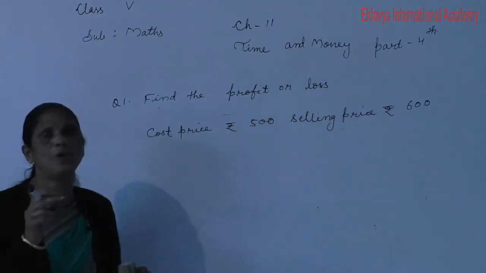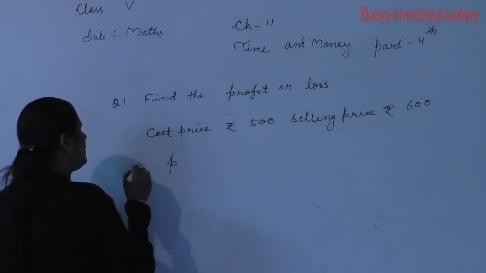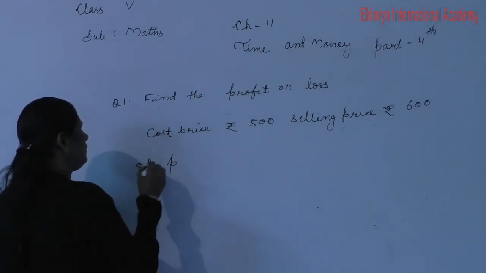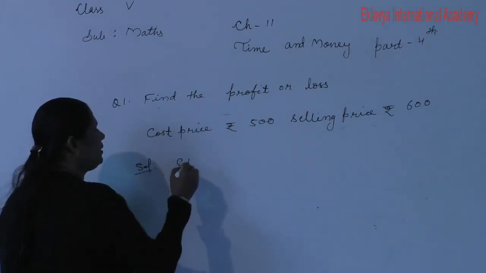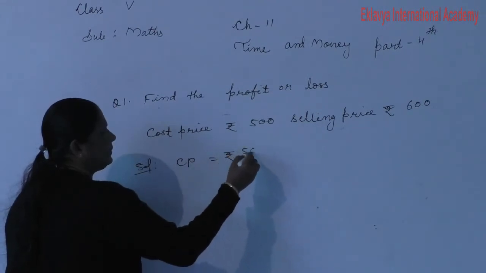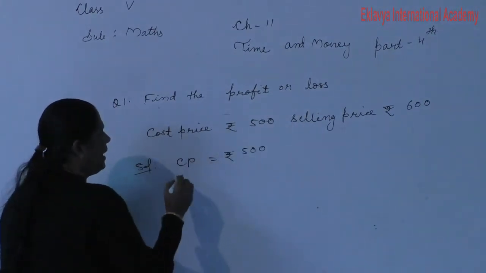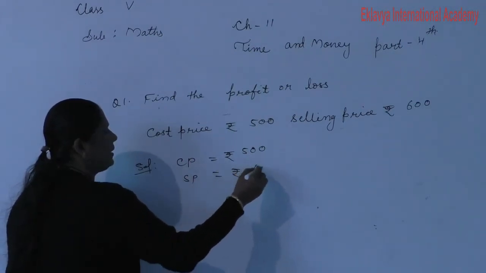Therefore, which formula do you put? Profit is equal to, first you write CP is equal to rupees 500. Then SP is equal to rupees 600.